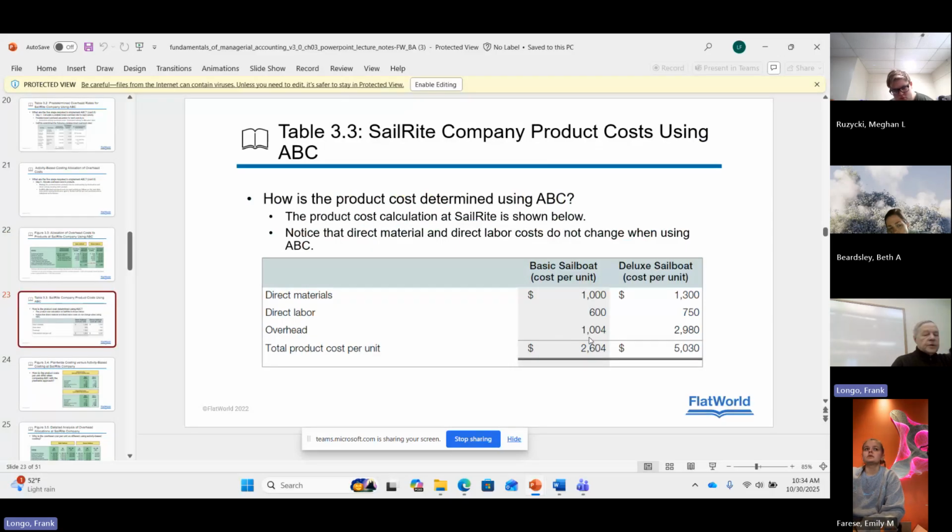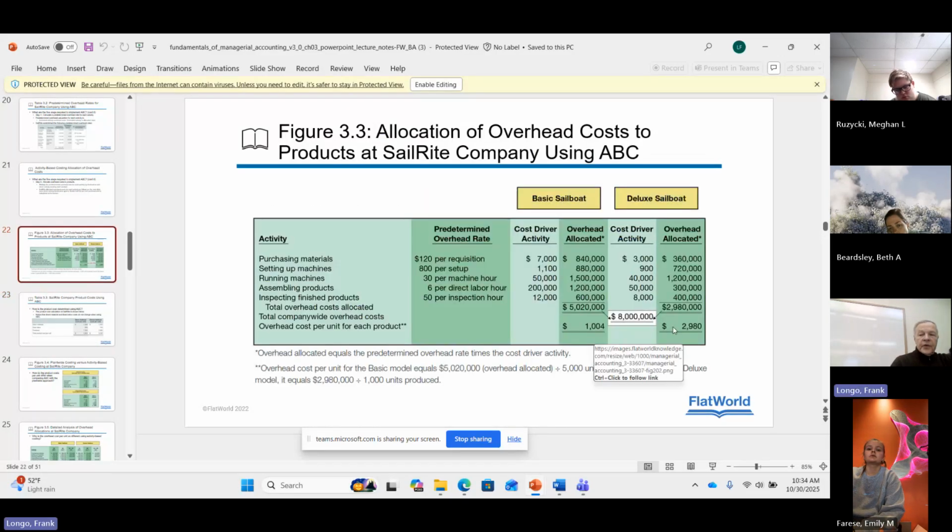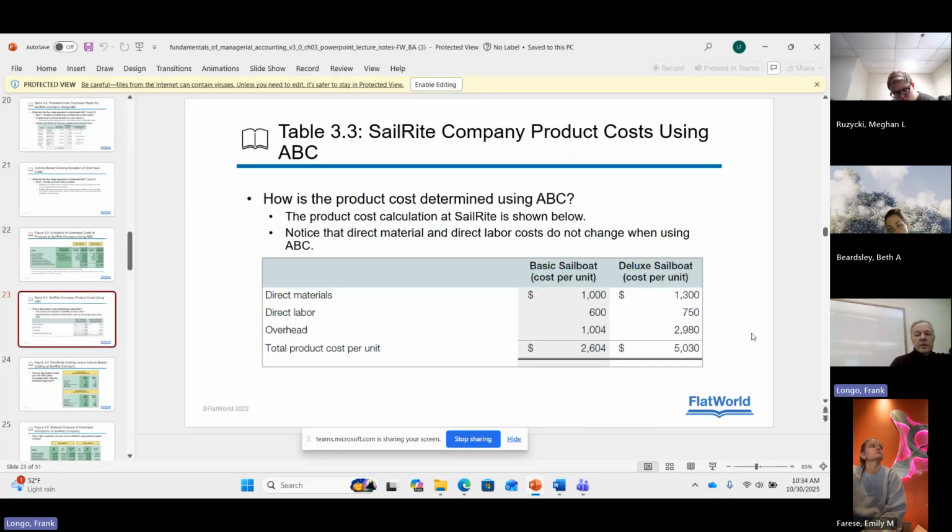For the deluxe, 2,980. We bring that over, and you see it on the schedule here. We're adding the overhead cost per unit to the materials cost per unit and the direct labor cost per unit. So now we have our total product cost per unit.